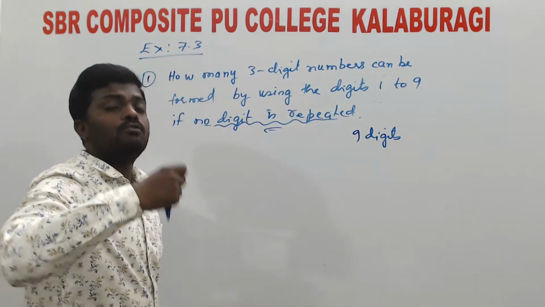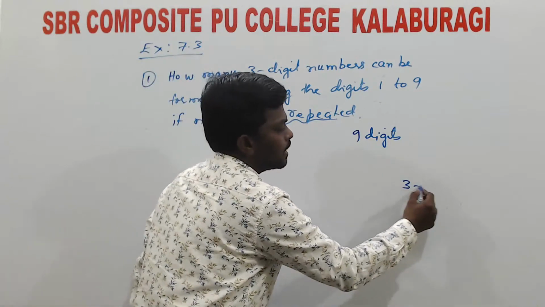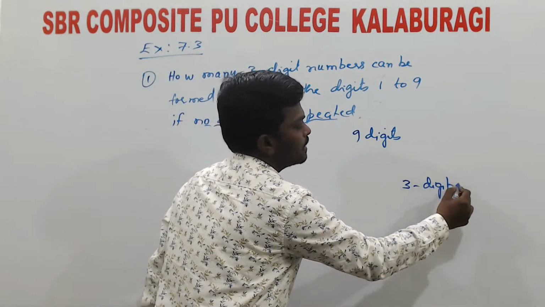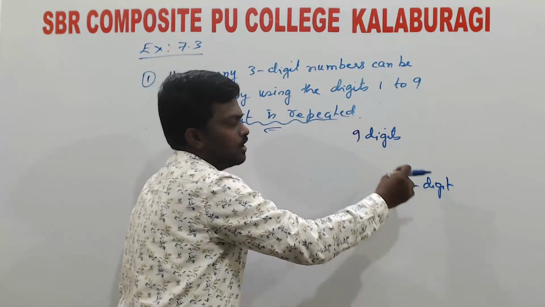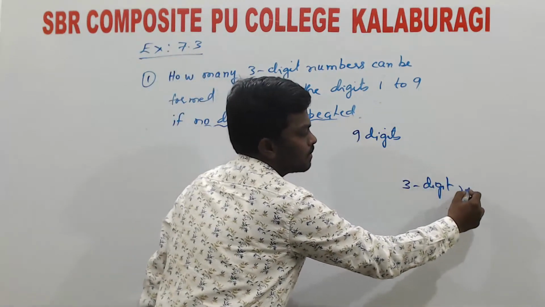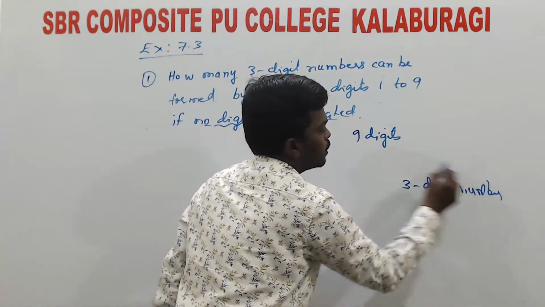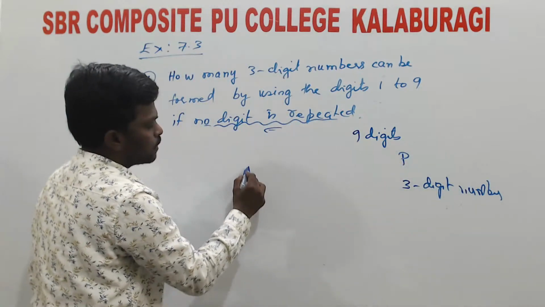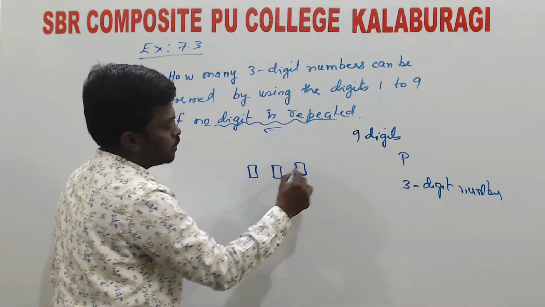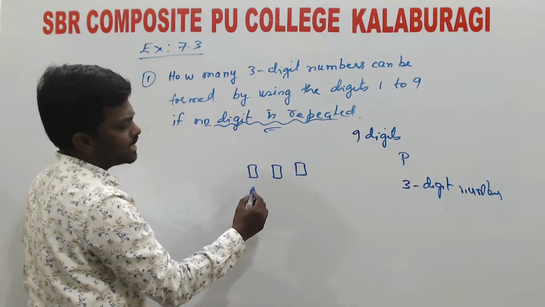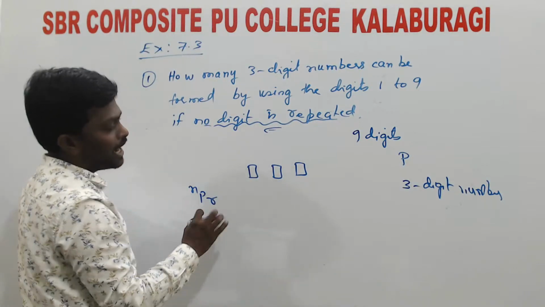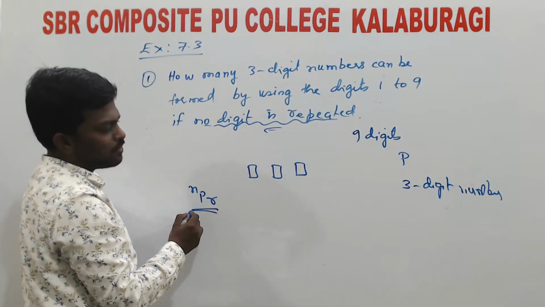And we have to form a 3-digit number out of 9 digits, arranging a 3-digit number. All are distinct and no digit is repeated, which means the nPr formula, right?